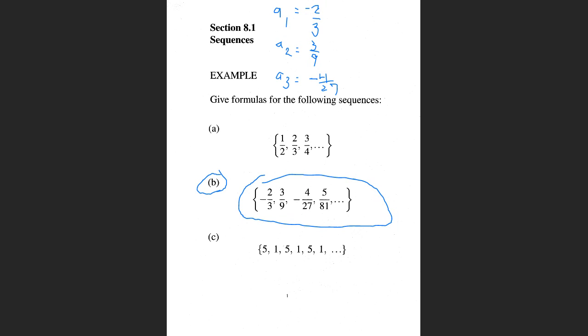So this is what's called an alternating sequence, because some of the terms are positive and some of the terms are negative. So we need to have something in the formula to handle that, so to speak. Are we adding these or multiplying these?